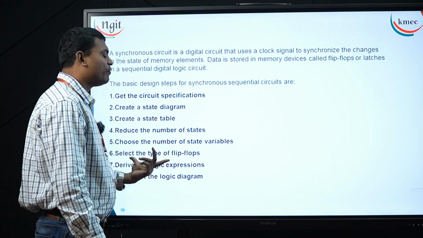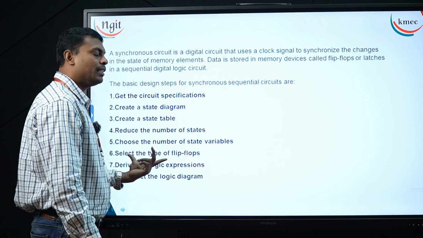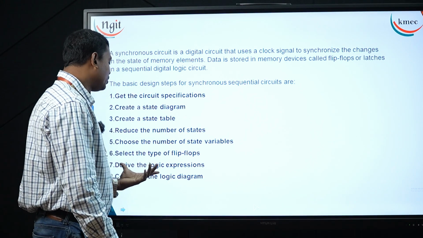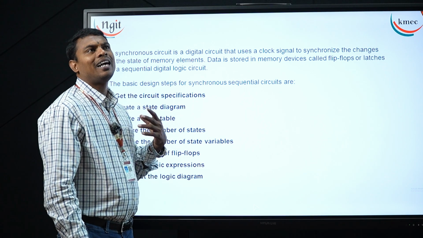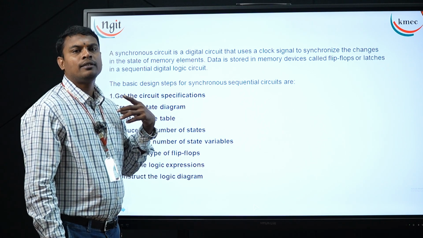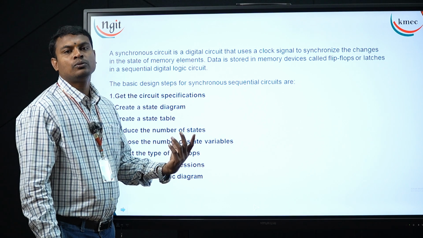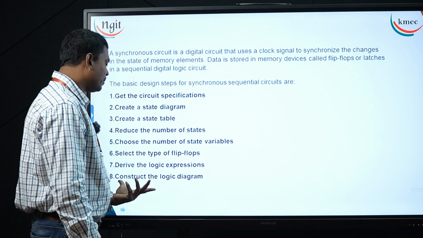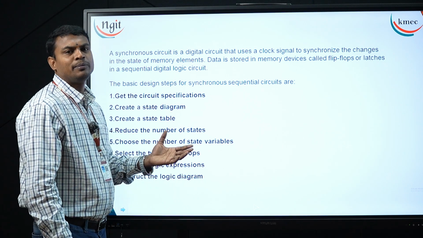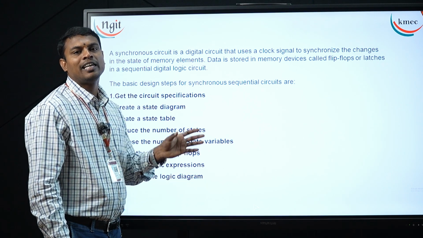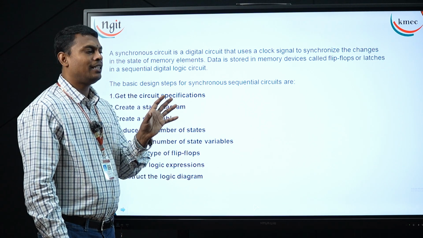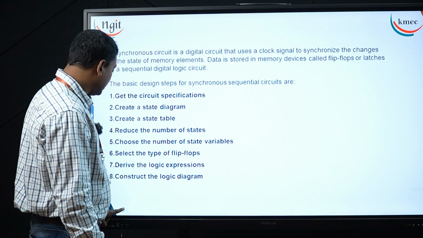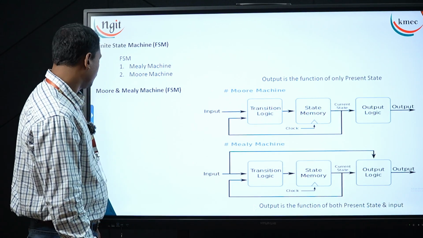That selection is done in this step. Then, deriving the logic expression, meaning I need to derive the required logic expression to serve the outside world. The last step is constructing the logic diagram. Once the Boolean expression is derived, with its help we can draw the diagram using logic gates. Okay, let's begin with our sequential circuits.